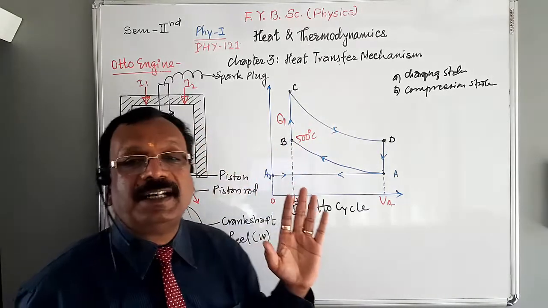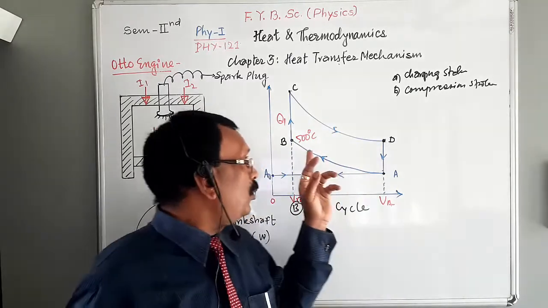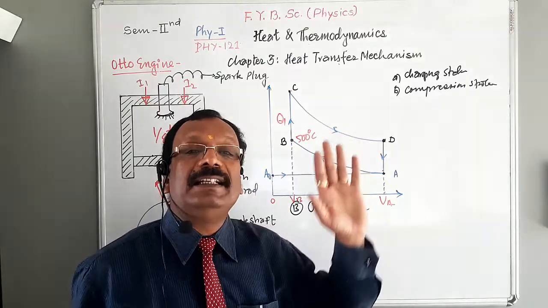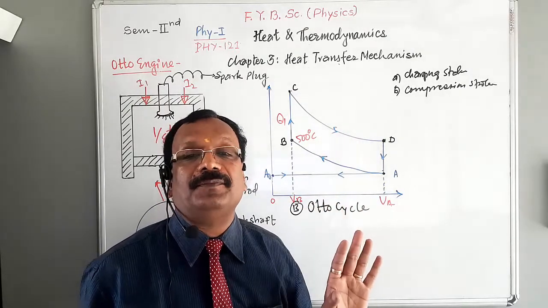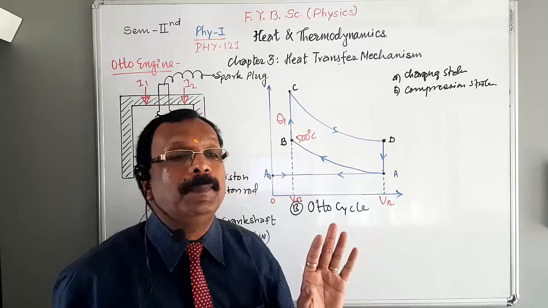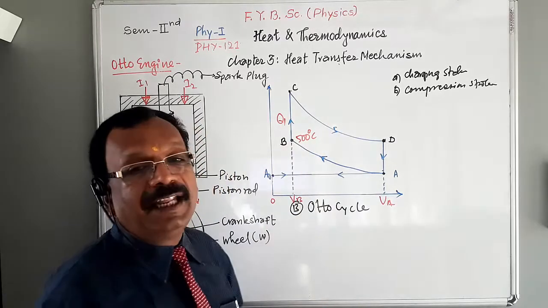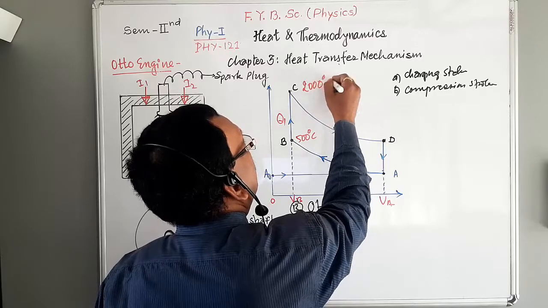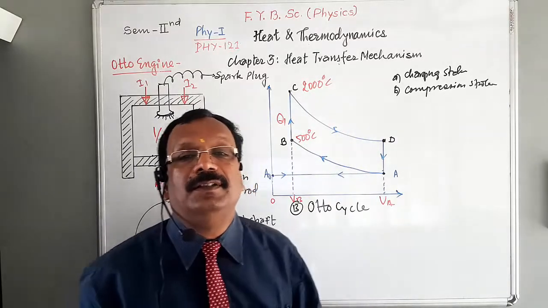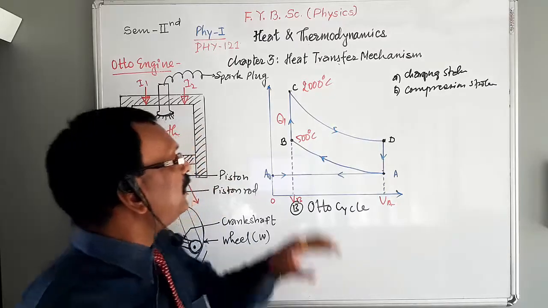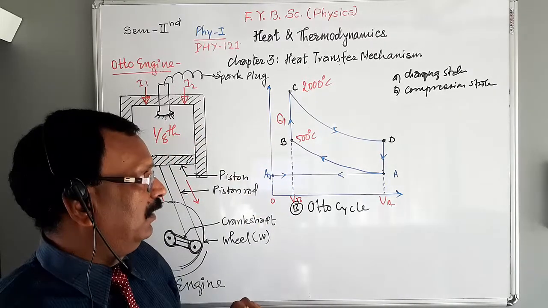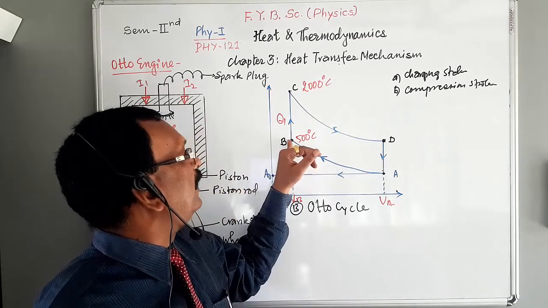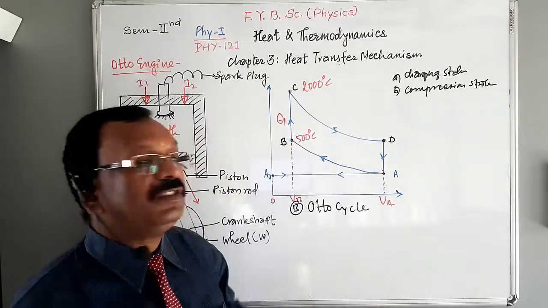But this change takes place at constant volume, that is both the values, temperature and pressure, suddenly increase isochorically. And at point C, the temperature rises to about 2000 degrees Celsius. This operation, the third, that is the second part of the compression stroke, is represented by the line BC on this Otto cycle diagram.